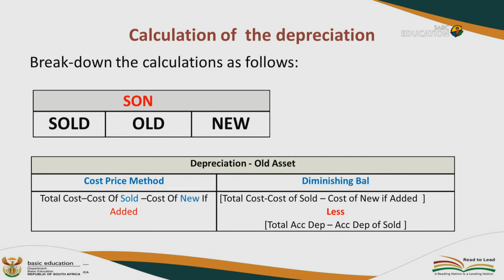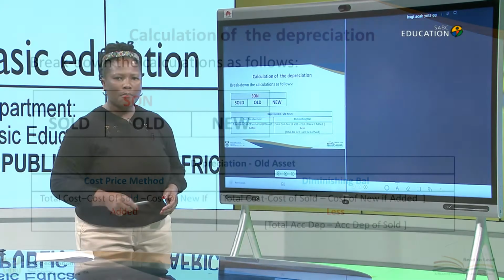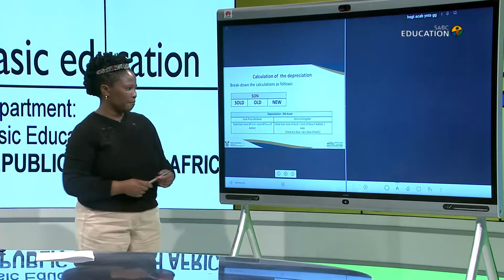And again, you can only subtract this if the adjustments are saying to you that the asset has already been recorded. But if the asset has not yet been recorded, there is no point of subtracting.